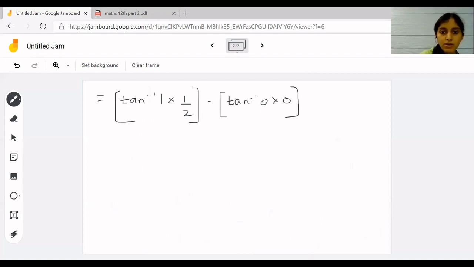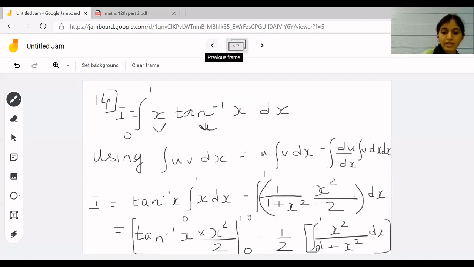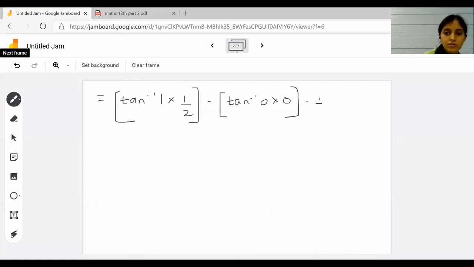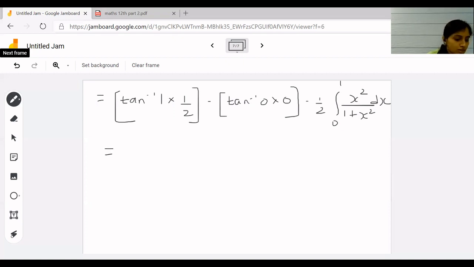Now the second part of this sum we have not yet solved, minus half integral 0 to 1 x square upon 1 plus x square dx. This integration we have not solved yet. So the first answer will be pi by 4 into half, that is pi by 8, minus half as it is.